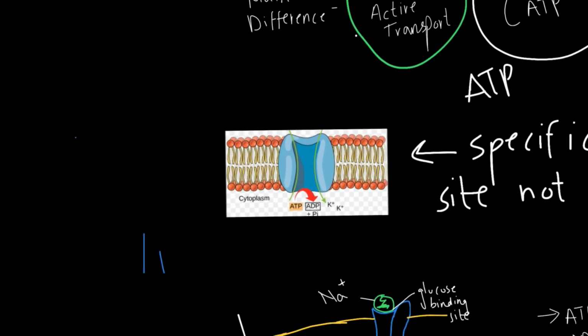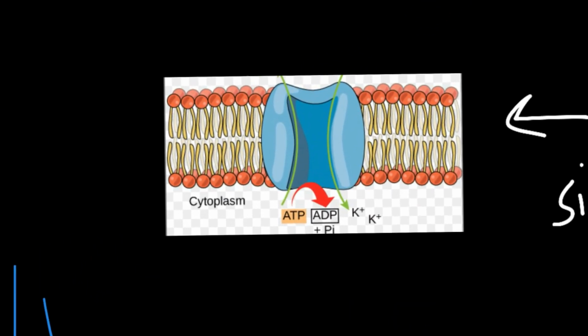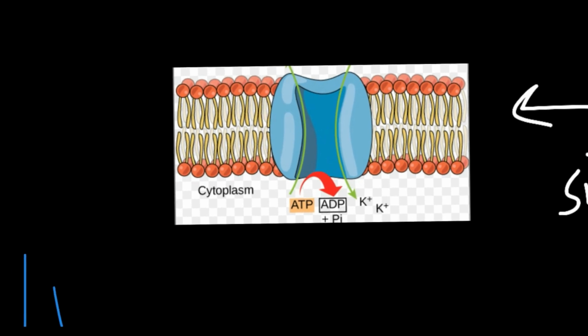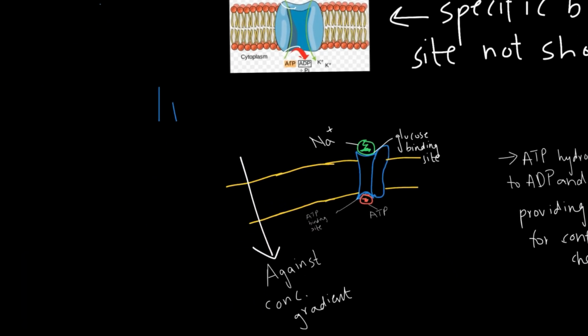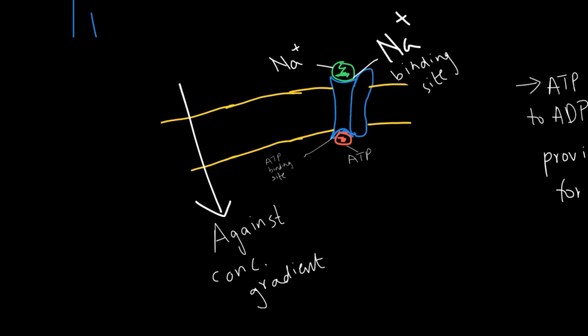So this is an example of how a carrier protein with a pump is shown. They haven't shown the exact active sites and the specific binding sites for the molecules that should be present, but they've just given you an idea of how ATP hydrolyzes to ADP and Pi. I'll explain that as well. So look, this is a similar diagram I've shown earlier, in the carrier proteins, but this has another binding site right here.